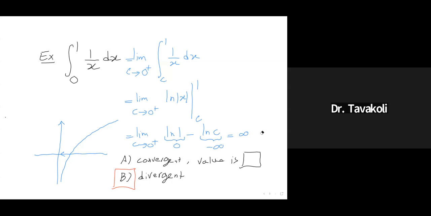Let's do another example. Please try this example on your own. Again, let me keep the limits of the integral simple: from 0 to 1 of 1 over radical x dx.